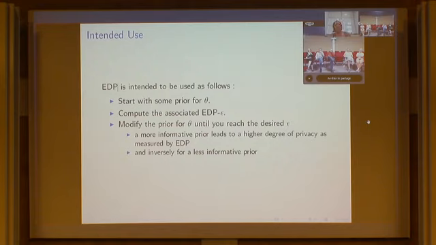And so in general, if you have a more informative prior, you'll have higher privacy, because you think of it as sort of a uniform prior. And so you just play with the prior until you get an epsilon you like, and then you can output information about that posterior distribution, and you can quote the EDP epsilon associated with it.